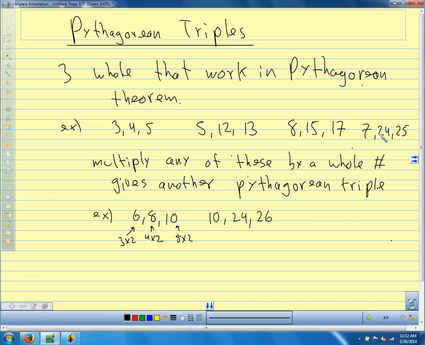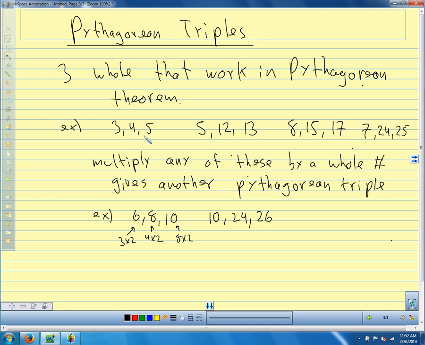So then for the bottom numbers, that's just a whole other set of numbers that work in the Pythagorean theorem. So like 6 squared plus 8 squared equals 10 squared. Yep. But then why do I need to know like 3 times 2? Because what I was saying is that if I multiply any of these triples, each one by the same whole number, I get another set of numbers that is a Pythagorean triple.